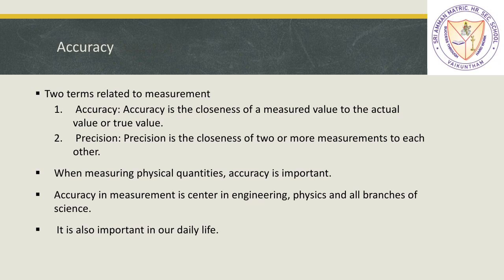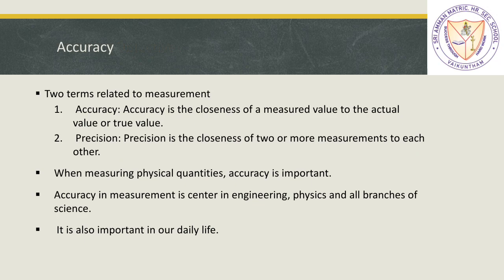If I'm carrying out a chemical experiment and I'm asked to take 10 ml of an acid, but I take 100 ml, the result will be different, and it may lead to other problems. So accuracy is very important.